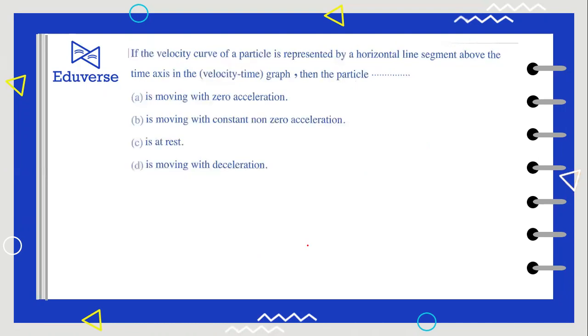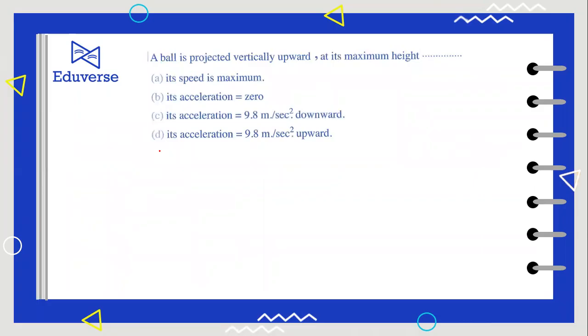Next, the velocity curve of a particle is represented by a horizontal line segment. Here, velocity and time, and I have a horizontal line, like the previous example. Then what about acceleration? Acceleration is equal to 0, or moving with a constant non-zero acceleration, or at rest, or moving with deceleration.